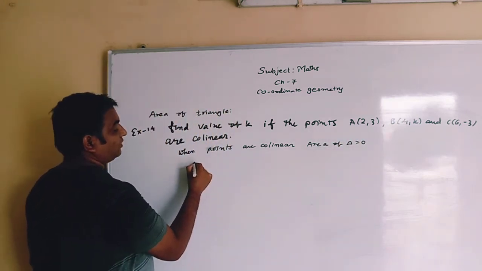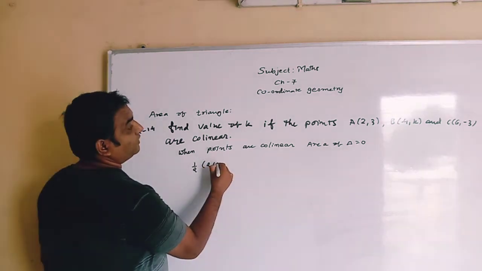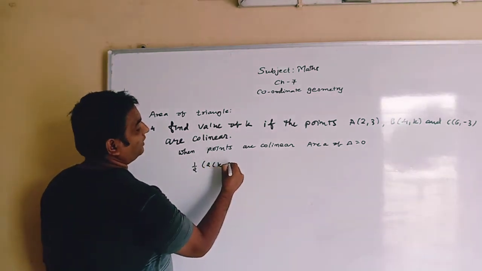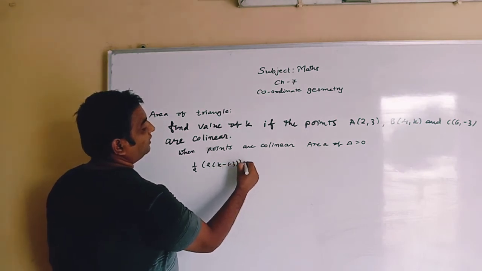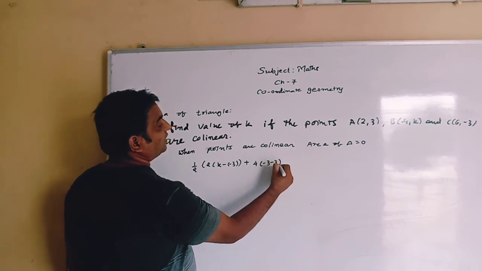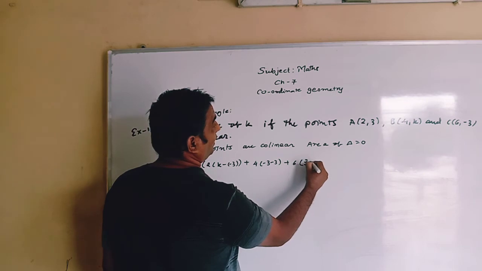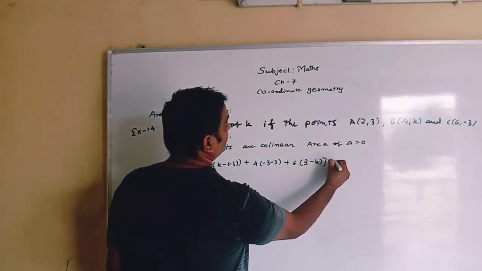And so here 1 by 2 [2 into (k − (−3)) plus 4 into (−3 − 3) plus 6 into (3 − k)] equals 0.